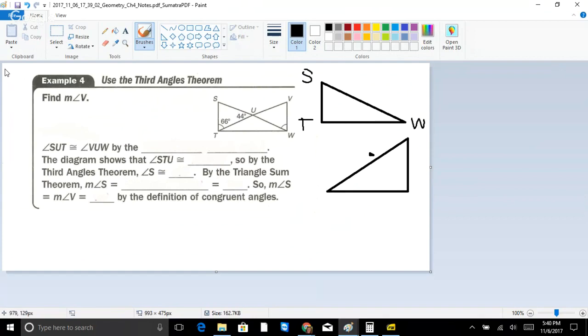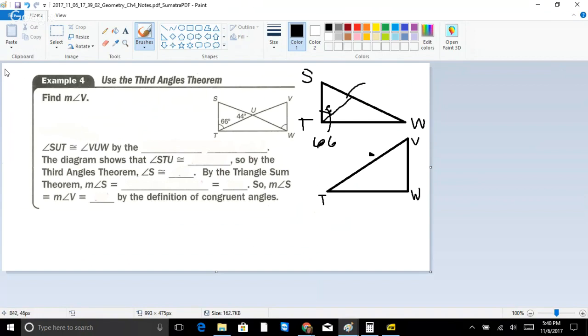And we have STW and VWT. There's a triangle inside, and this is 66 degrees right here.